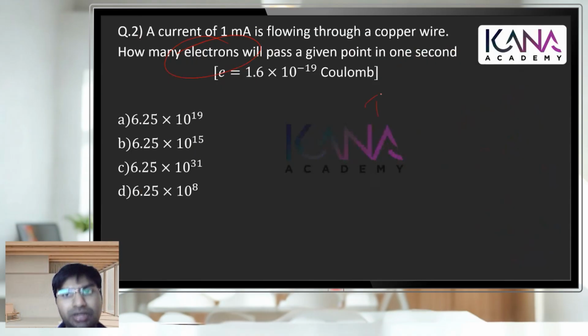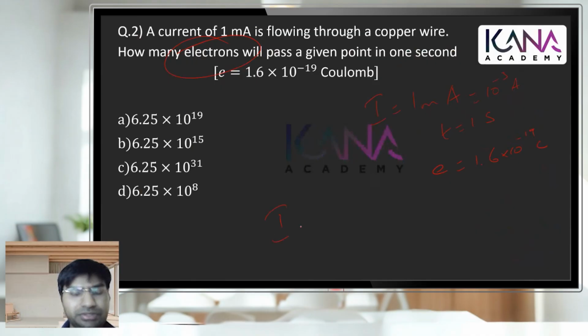Okay, so the current is 1 milliampere, so it's 10 power minus 3. Time is given as 1 second. And we know the charge of an electron is 1.6 into 10 power minus 19 coulomb.